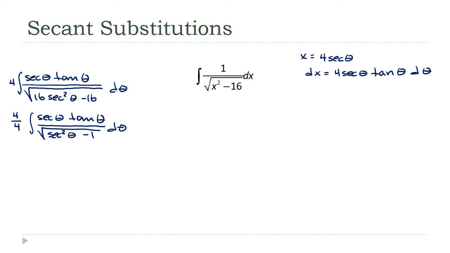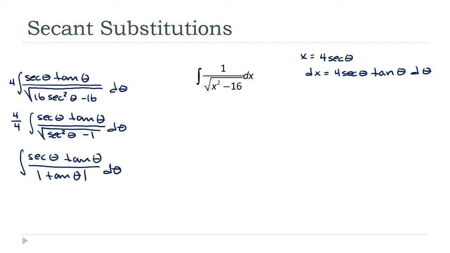Okay, now here's where it's going to get just a little tricky. That secant squared theta minus 1, right? That's tangent squared. And the square root of tangent squared is the absolute value of the tangent. So that's just 1 out in front. So this is the integral of secant theta tangent theta over the absolute value of tangent theta d theta.